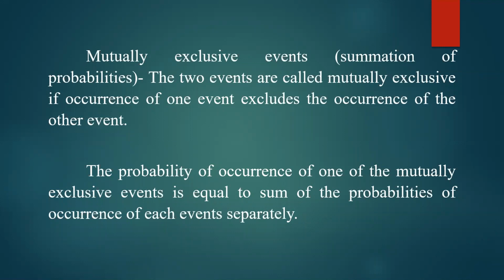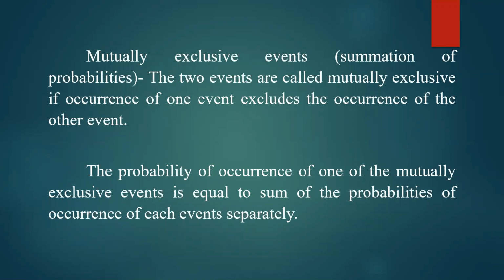So in such a case, if you want to find the total probability, suppose 2 coins are tossed simultaneously. What is the probability of showing both heads? You have to take the probability of the first coin plus the probability of the second coin. That is how you can understand the concept.